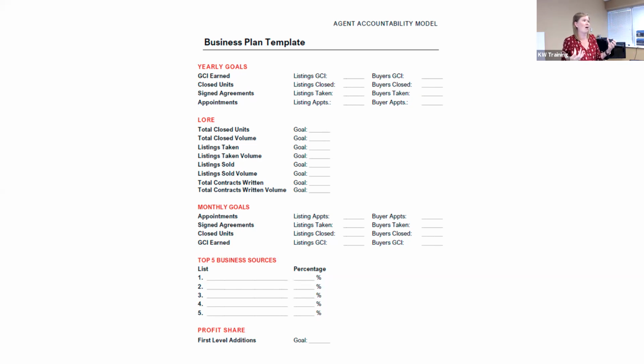We had an aha moment looking at it: we're spending all of this money on internet leads and the Z word, internet leads that nobody wants to admit they ever paid an arm and a leg for, as well as pay-per-click and all the other things. But our sphere is 50% of our business. Where should we really be pouring our money into? Client events, 36 touch programs, those kinds of things versus these internet leads that seem kind of flashy.